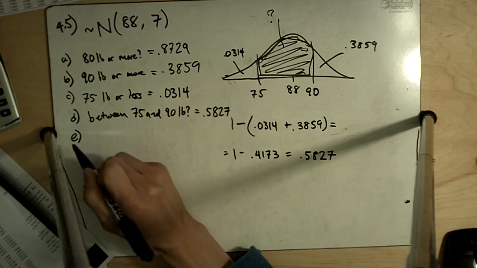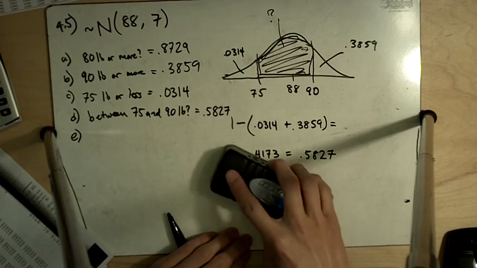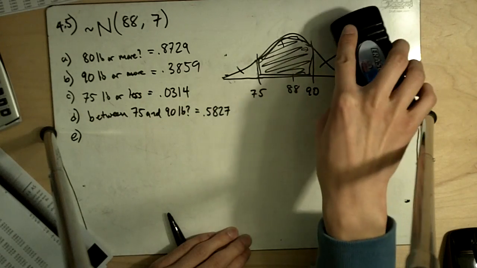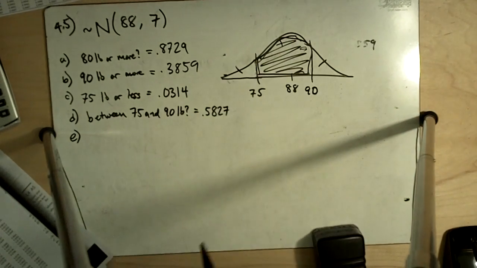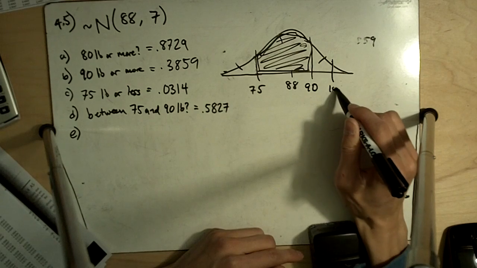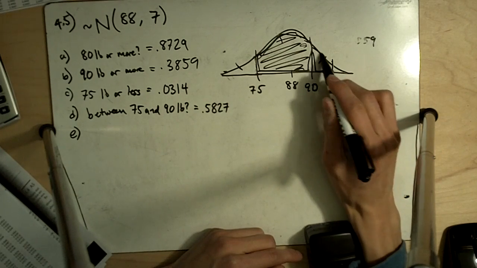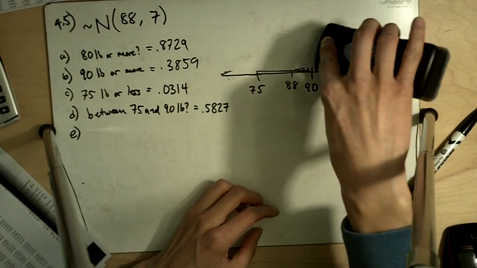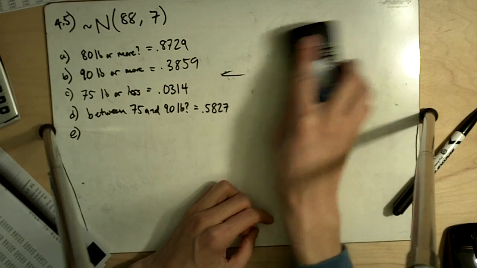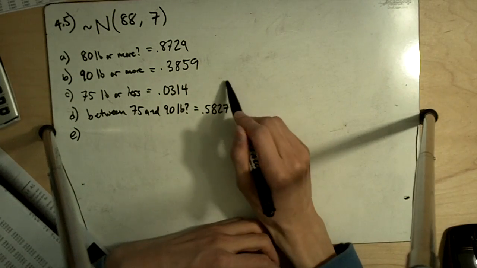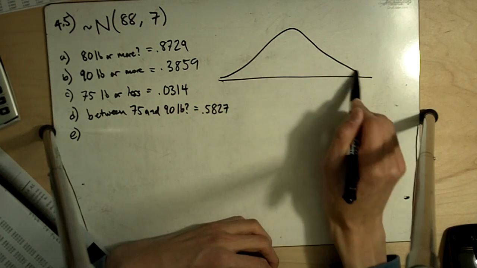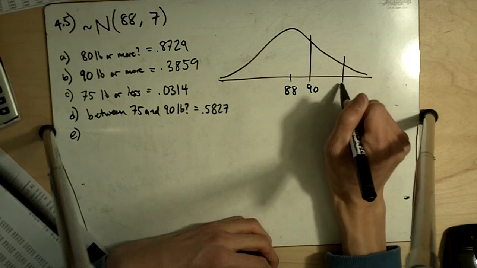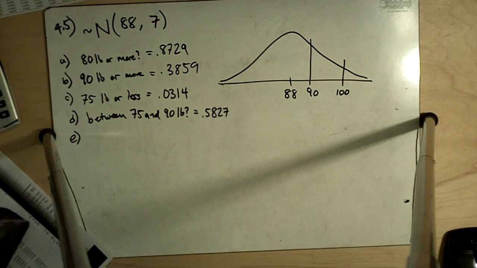Okay, part E asks between 90 and 100 pounds. Basically, we're going further out to 100, and we want to know what's over here. So let me just redraw this graph. We're at 88. We go up to 90 and 100.